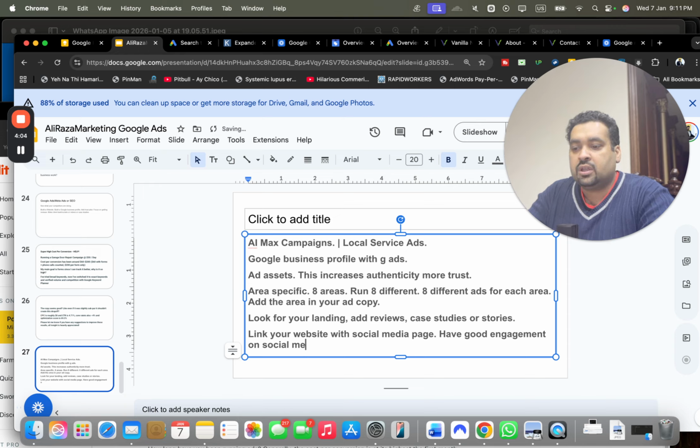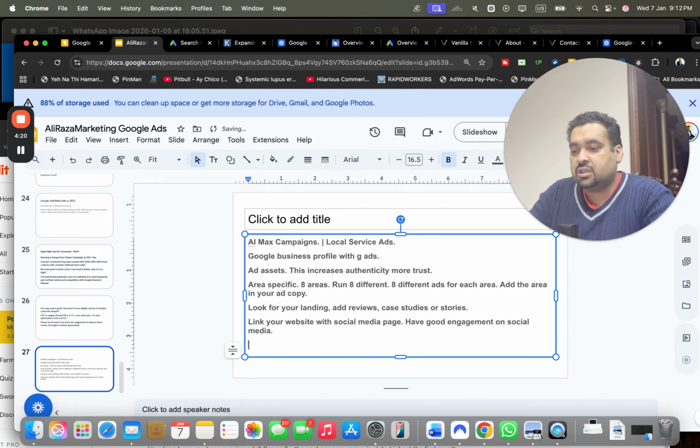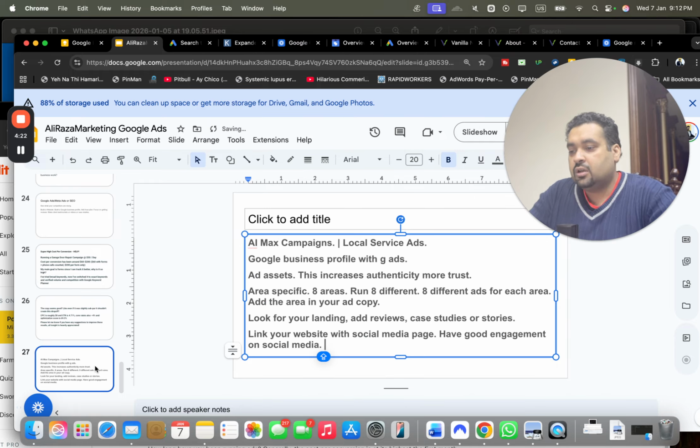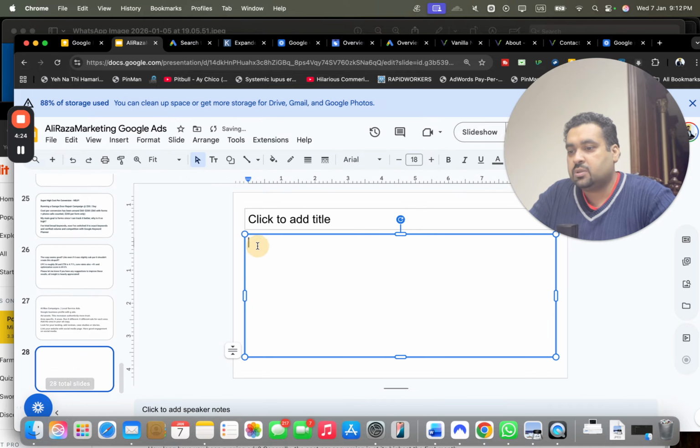This also increases the authenticity, and people are much more likely to buy. But try to understand the intent of the user. Someone with a garage door issue may need it urgently. So try to understand the urgency and focus on the urgency on your website. This can help you.